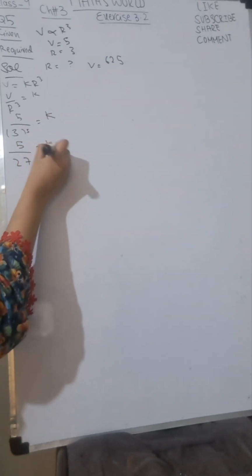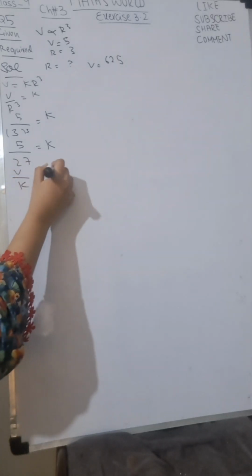So let's start this. V is equal to k r cube and k is equal to V by r cube. V is equal to 5 and r is equal to 3 cube, equal to k. So 5 by 27 is equal to k. Now we are going to find the value of r. So V is equal to k r cube, so we can write V by k is equal to r cube.